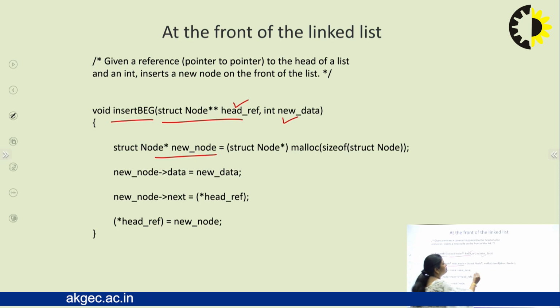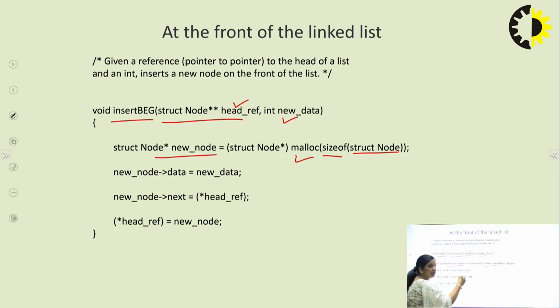How to create it? Using the malloc function. How much memory will be allocated? According to the size of struct node. Memory has been allocated, and because malloc returns void type, to make it point to struct node star, we are doing the typecasting. Now the node has been created and its address is in the new node pointer.